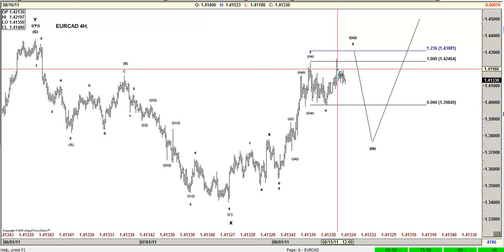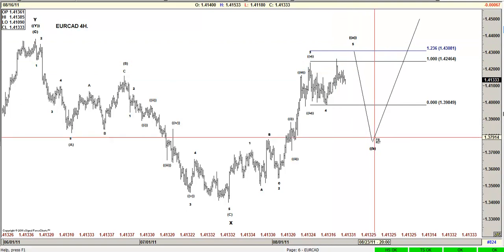But again, the same structure, a new high and 3 back like the euro. I see a lot of pairs within the euro group that are getting a bullish structure, and that's telling me that we need to buy.